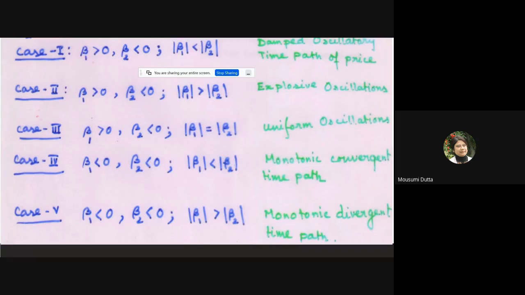Demand negatively sloped, supply positively sloped, both demand and supply negatively sloped, both demand and supply positively sloped, etc. And the gradient value we are changing, mod beta 1 sometimes less than mod beta 2, sometimes greater than mod beta 2, sometimes equal to mod beta 2, etc. So we can change the slope of the demand and supply curves, and check all kinds of possibilities, or what will be the nature of the time path for all these cases. Any question?